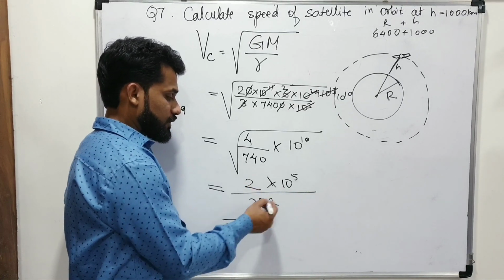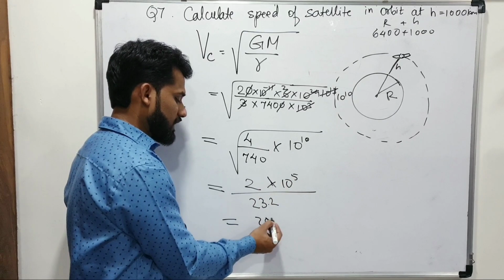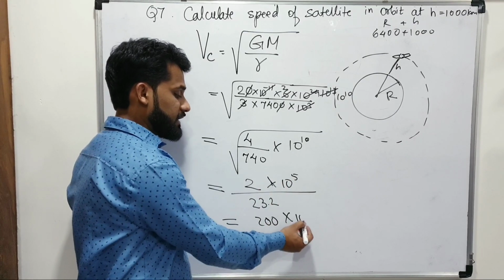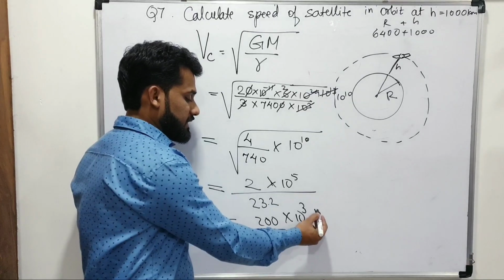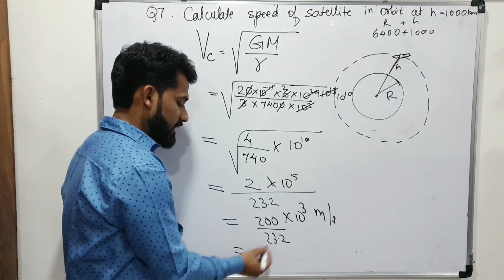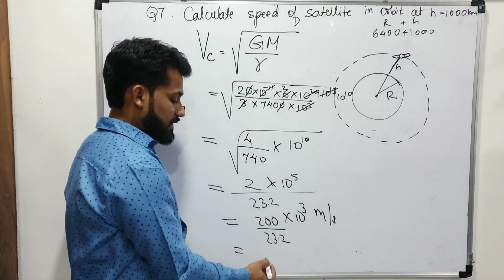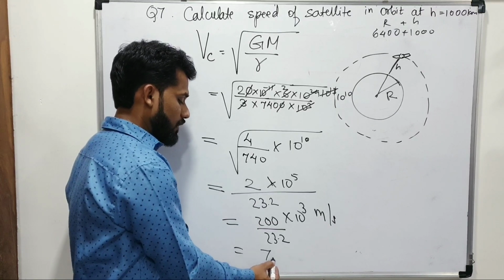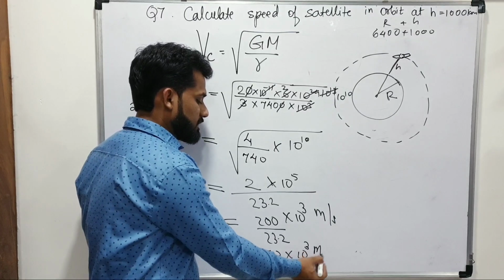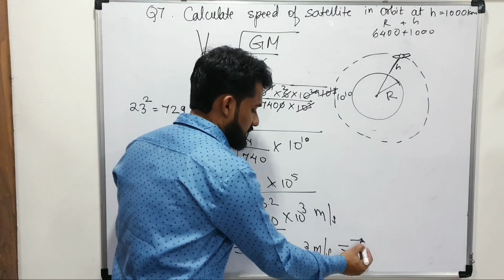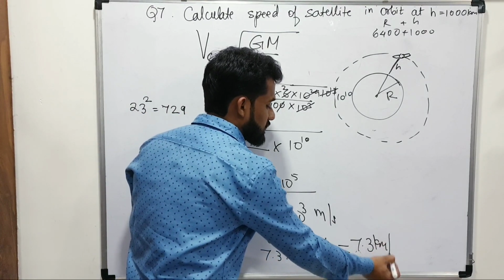If you want to solve this, giving two zeros to it, it is 2200 into 10 raised to 3 divided by 23.2 meters per second, and on solving this properly, the answer that you will get is 7.3 into 10 raised to 3 meters per second, which is equal to 7.3 kilometers per second.